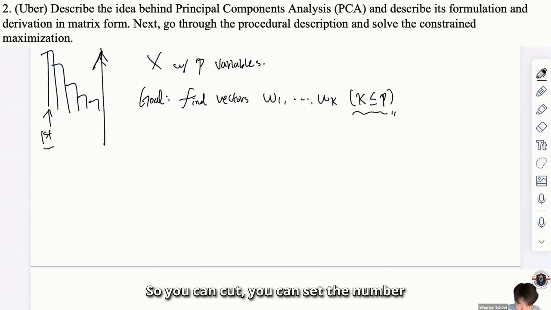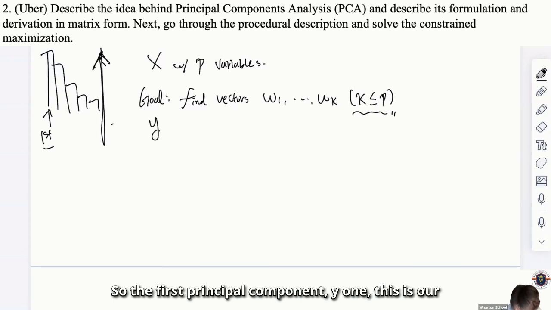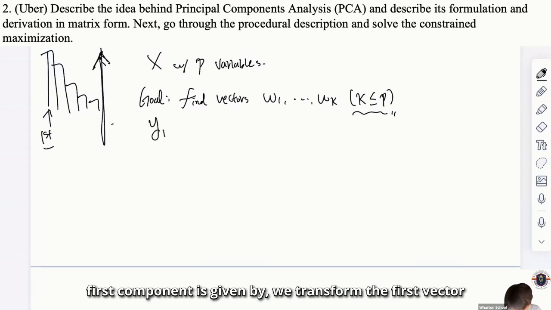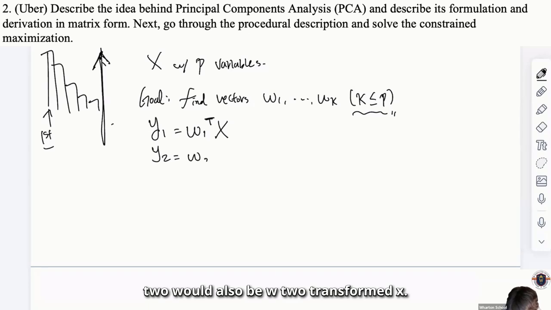So you can set the number of principal components that you want to have. The first principal component, Y1, is given by transforming X with the first vector, W1 transpose X. And the second component, Y2, would be W2 transpose X.